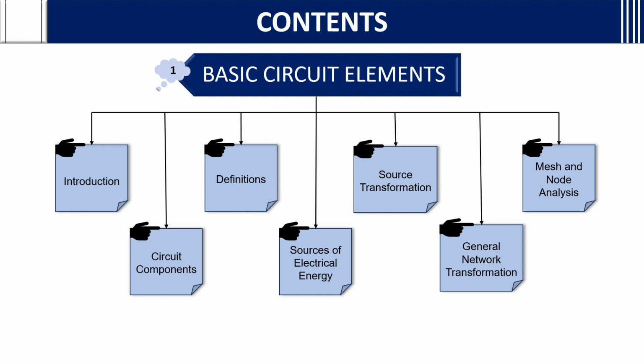In Basic Circuit Elements, there are different topics to be learnt: Introduction, circuit components like resistor, capacitor and inductor, important definitions, sources of electrical energy, and some transformations like source transformation, general network transformation, mesh and node analysis, to change the circuit to an easy form to find some values or to a new form from the original circuit.